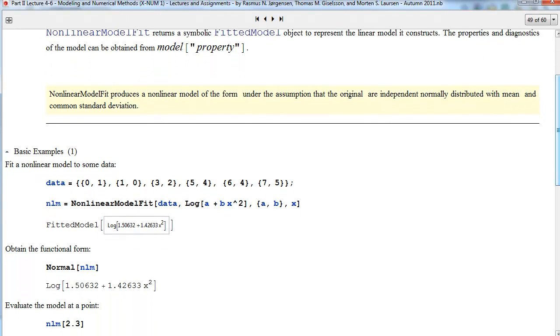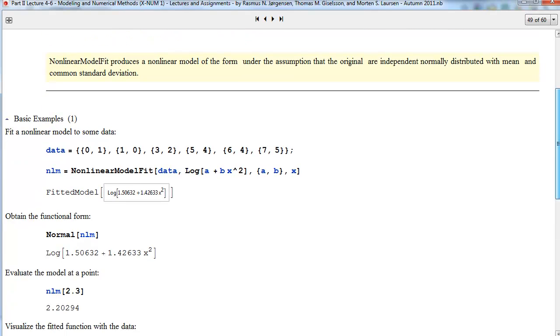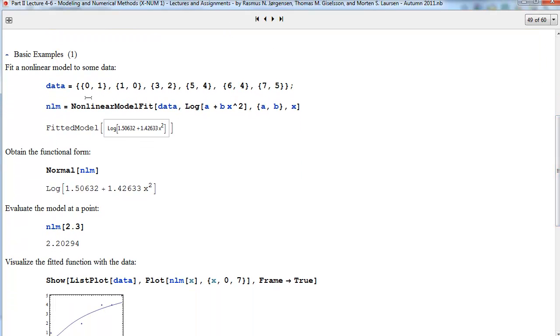There is a nice example I found. But here is how it works: the linear model fit is exactly the same, except for here where you put x, and what you used until now is x, x squared and x cubed if you have a polynomial. But here what you do is you write the whole model, and then you say that these are the parameters it's supposed to optimize, A and B, and x is the variable with the data.